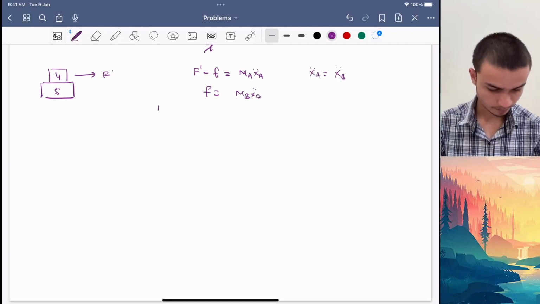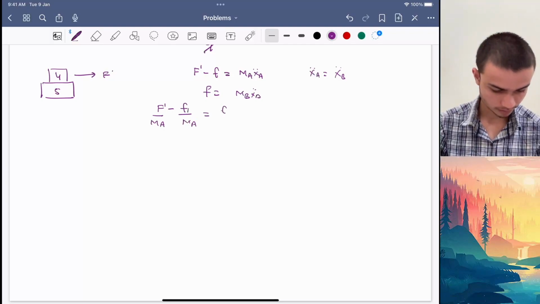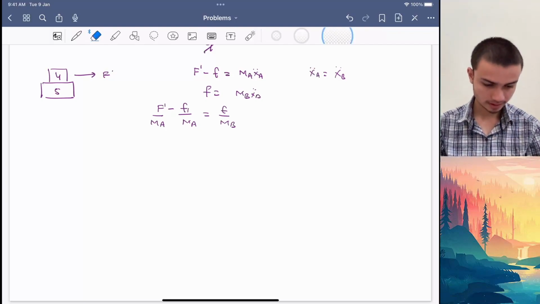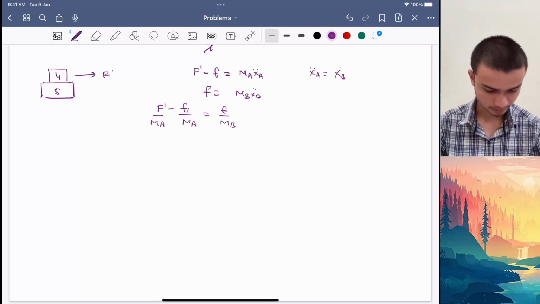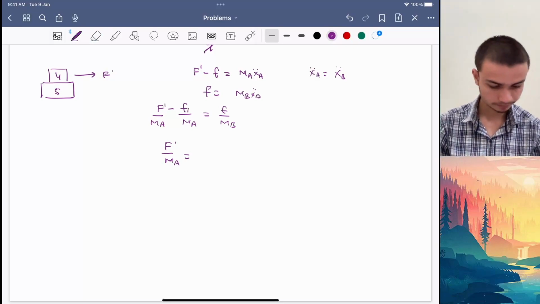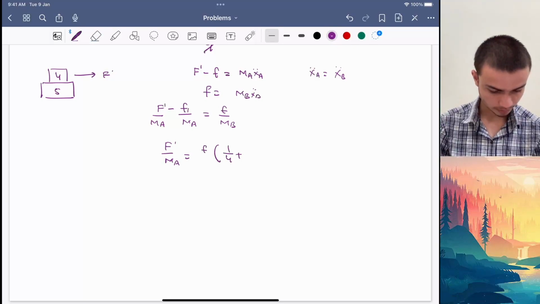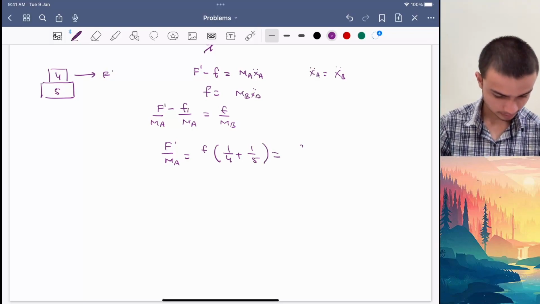So it will be F bar upon MA minus f upon MA equals f upon MB. So again, I have to calculate this F bar. That is F bar upon MA equals f times 1 upon 4 plus 1 upon 5, which goes as f times 9 upon 20.